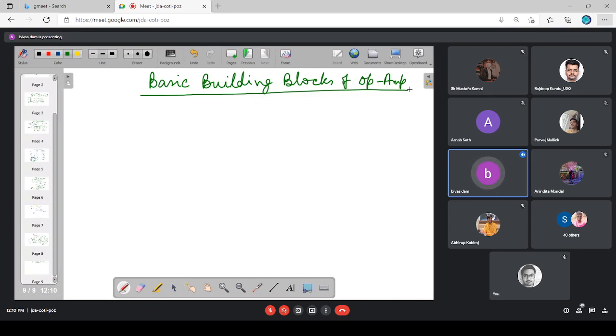Now we are going to study the basic building blocks of the operational amplifier. Remember, in one operational amplifier, there will be around 57 or so transistors. So it is really very difficult to understand or analyze the internal circuitry of the operational amplifier. I cannot understand it, and I do not dare to make you understand it either.